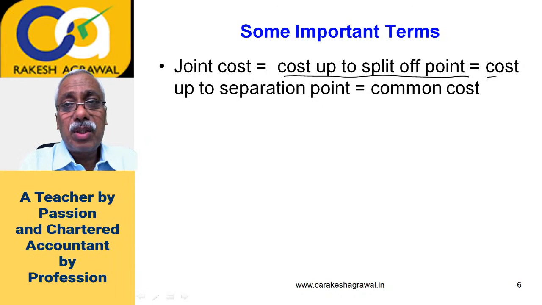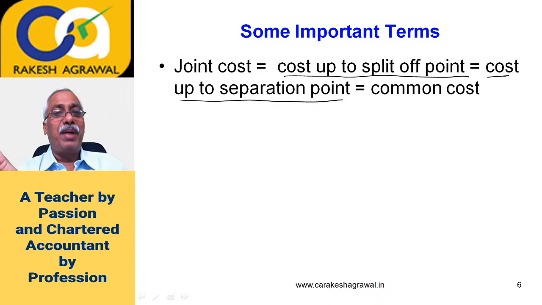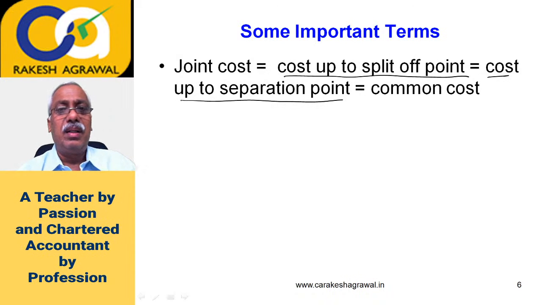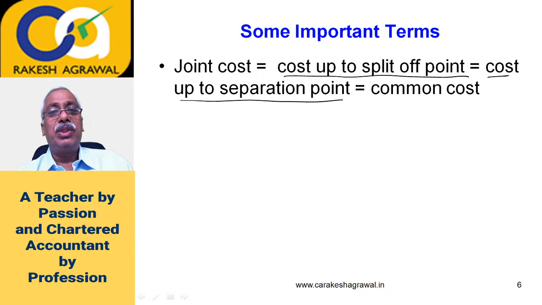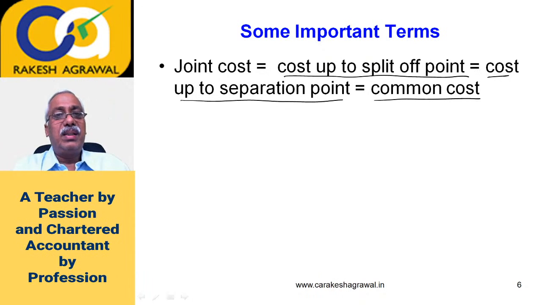You can also call it cost up to separation point, where the products get separated. Up to that point, whatever cost is incurred, material, labor and overheads, will be called joint cost. It can also be called common cost. All mean one and the same: joint cost, cost up to split off point, cost up to separation point and common cost.